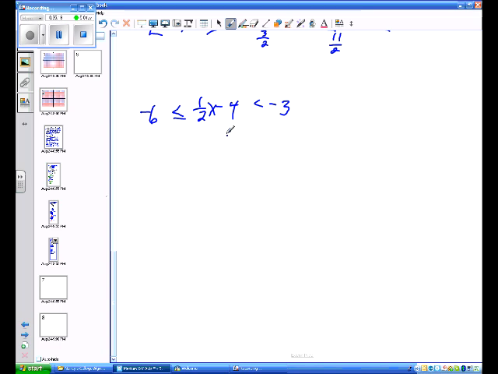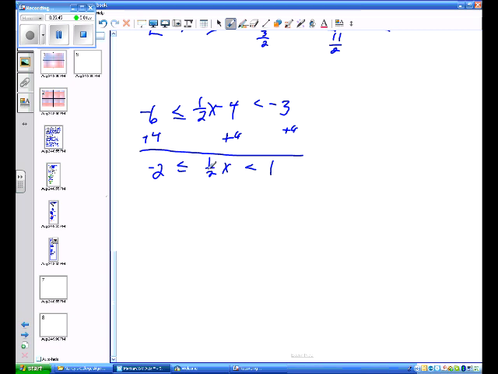But I'm going to start this out by adding 4 to both sides. A lot of times if my only fraction is the coefficient of my variable, then I just leave it and work with it. So we have negative 2 is less than or equal to 1/2 x, and that's less than 1. Now what we want is 1x. Well, we know if we multiply reciprocals, we get 1.